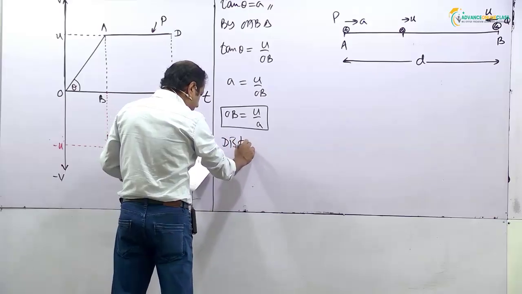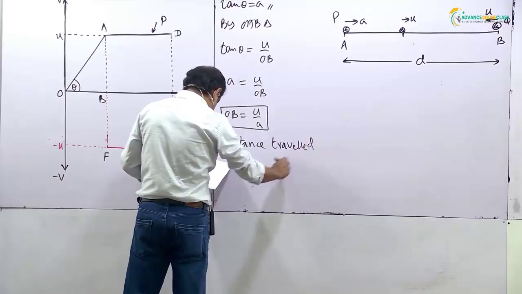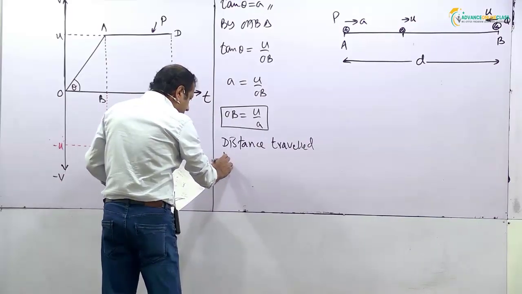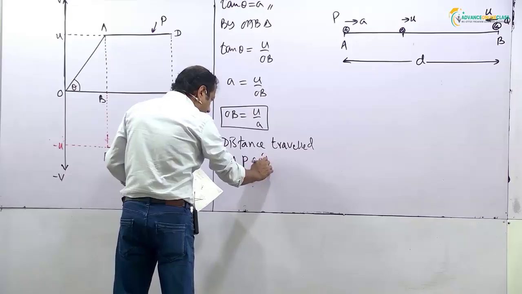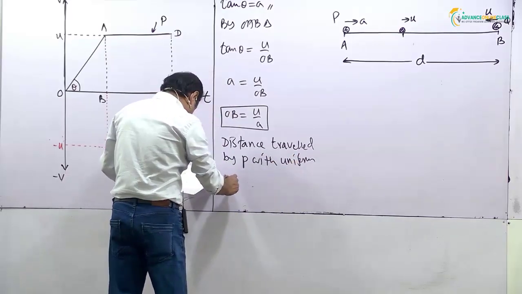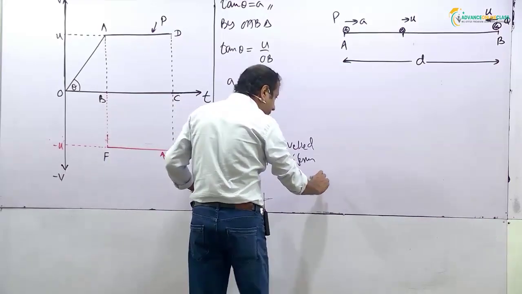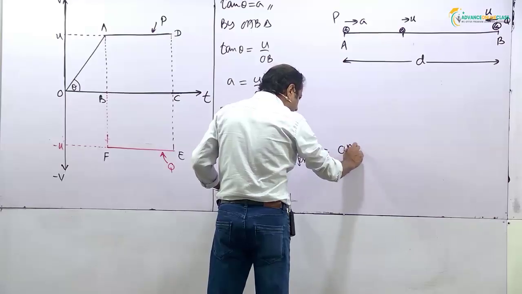Distance traveled by P with uniform acceleration is equal to the OAB area.